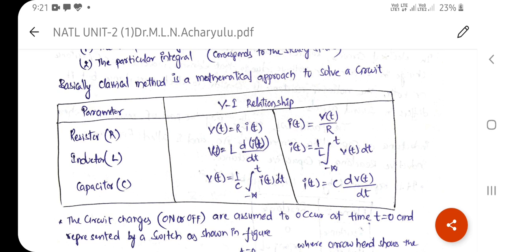This is the relationship between the RLC parameters and the currents and voltages respectively.